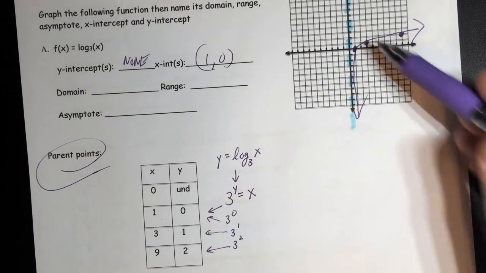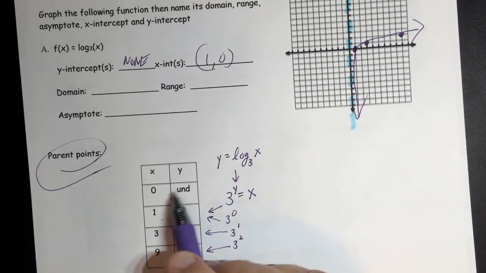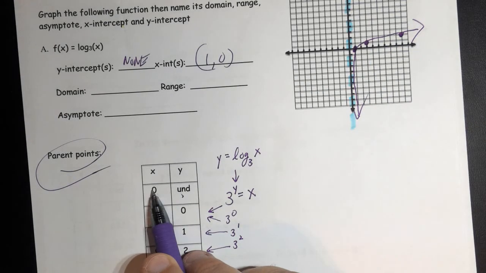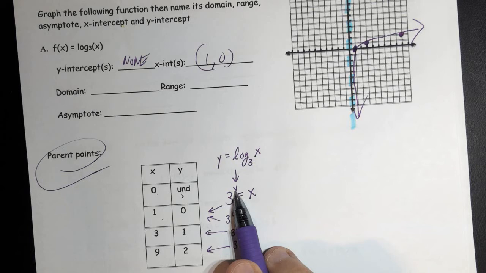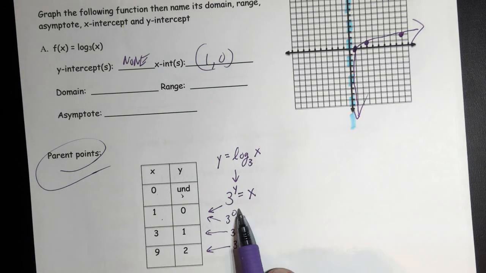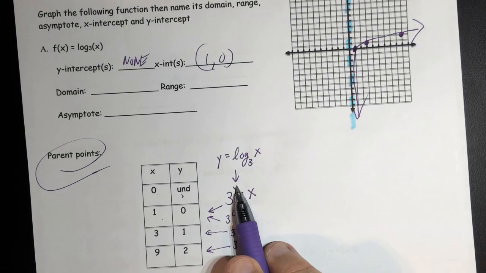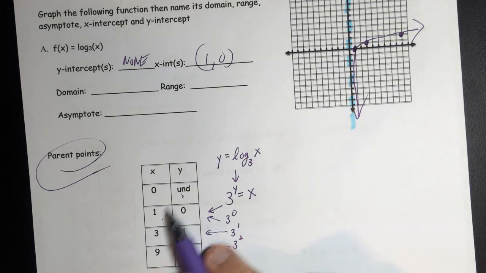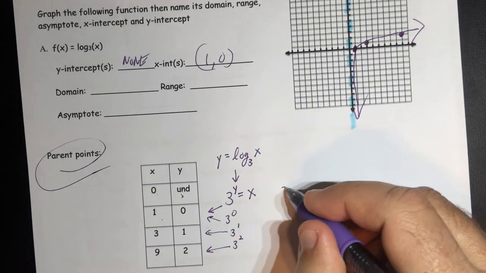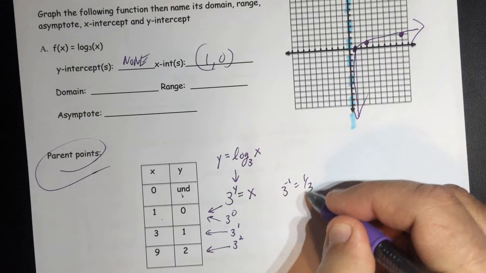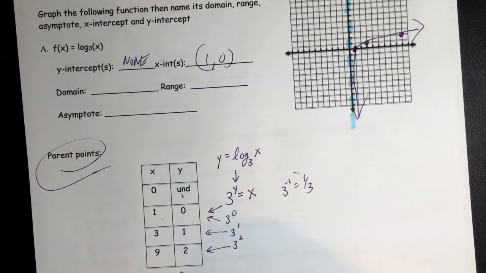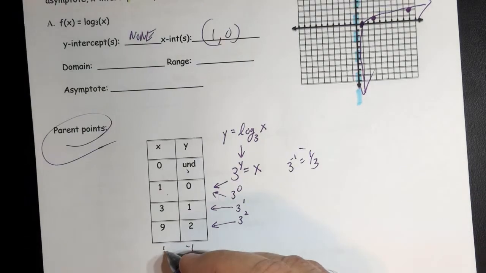Domain? Well, remember, there's no number I can put in for y that makes it a 0, because 3 to the 0 would give you 1. If I use negatives, 3 to negative 1 would give me 1/3, so I actually would have negative 1 here and 1/3 here.